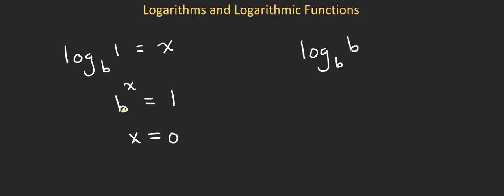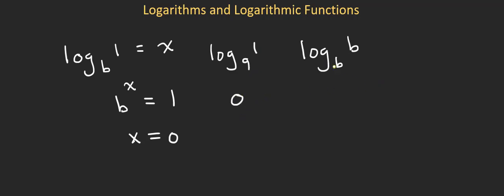Anything you raise to the power of 0 will be 1. So whenever you have log base b of 1, that whole thing will be 0. For example, log base 9 of 1 is automatically 0.